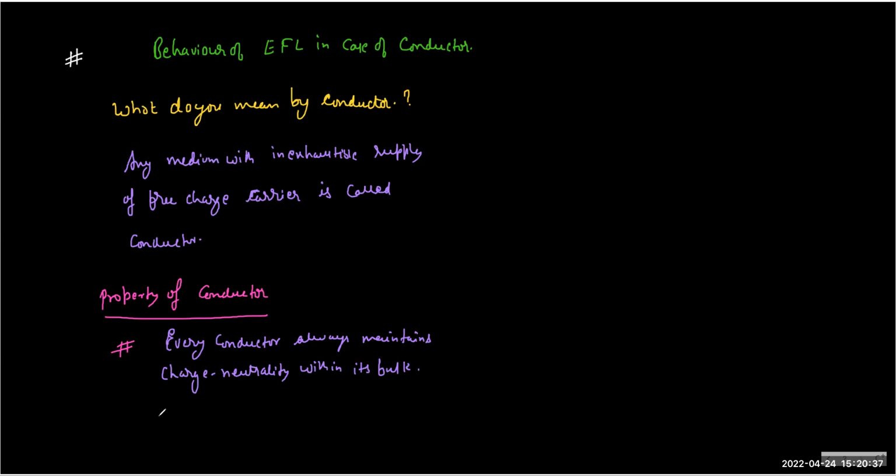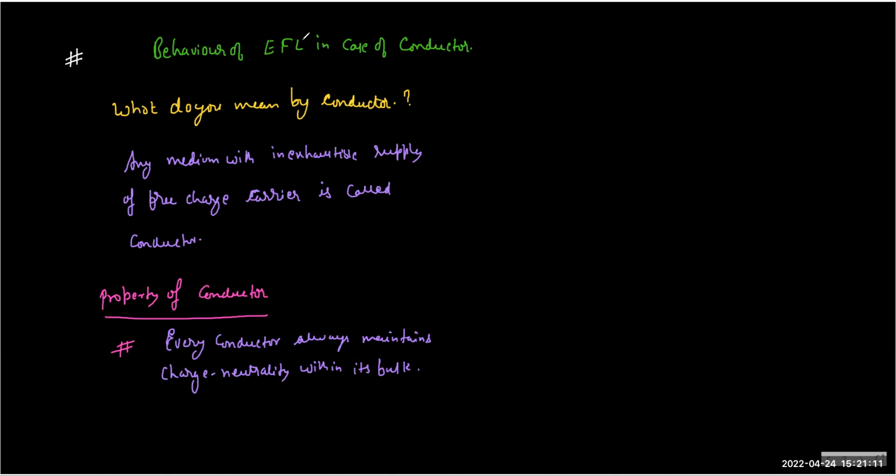So if we talk about a conductor, no matter whether we give charge or not, the conductor will have its own positive and its own negative charge, and those positive and negative charges will distribute homogeneously. The homogeneous distribution of the charge will try to maintain the electrical neutrality. So that is the first property. A conductor will maintain electrical neutrality within its bulk. Bulk means the volume part.